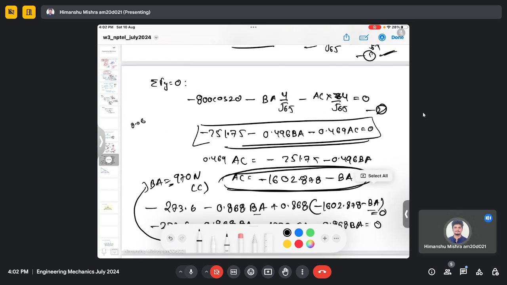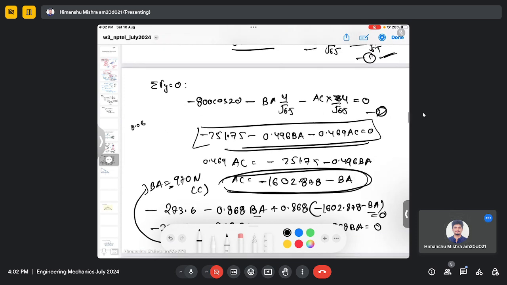And we can actually find force AC as well from this equation. It comes out to be minus 632 Newton.